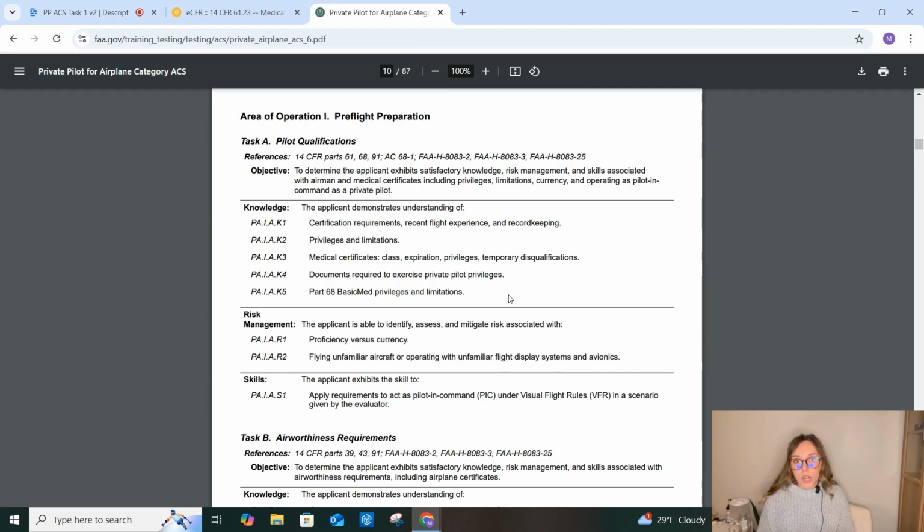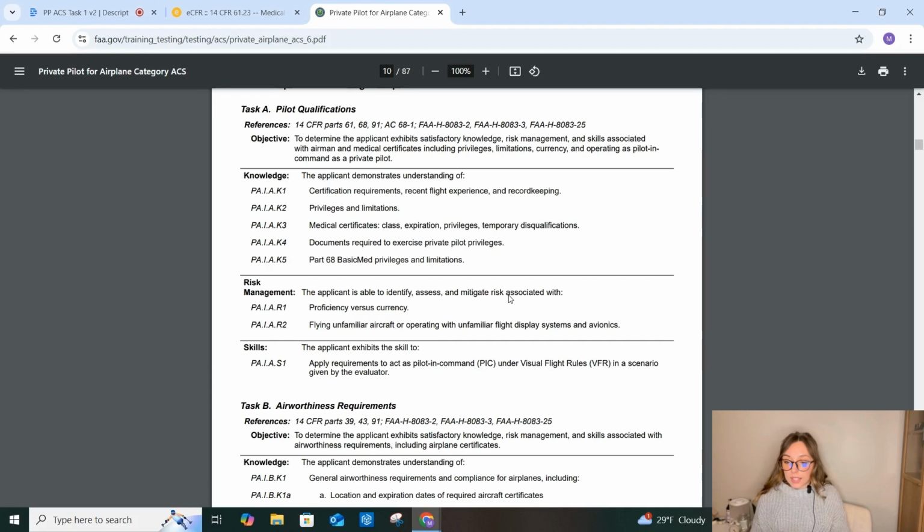So obviously know your age, know what kind of medical certificate you have, when the privileges are changing, and when they expire. So that's class, that's expiration, that's privileges. Remember that privileges are not mutually exclusive with the medical certificate that you have. You could have a first class medical certificate and you could exercise third class privileges.